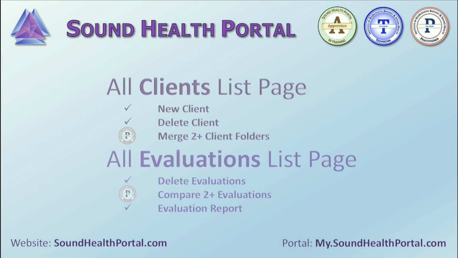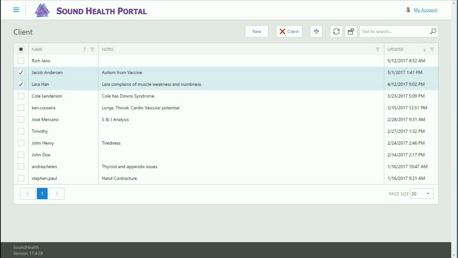On the All Evaluations list page, I'm able to delete the evaluations that I select. As a practitioner, I'm able to compare two or more evaluations, and I'm able to create an evaluation report for the first evaluation that I select. To do that, click on the hamburger icon in the top left corner.